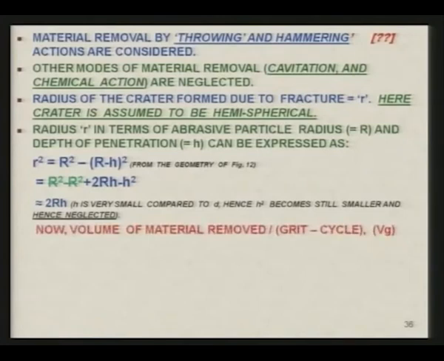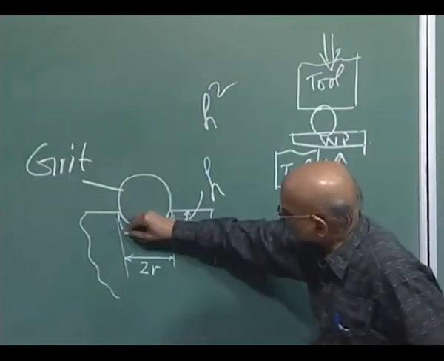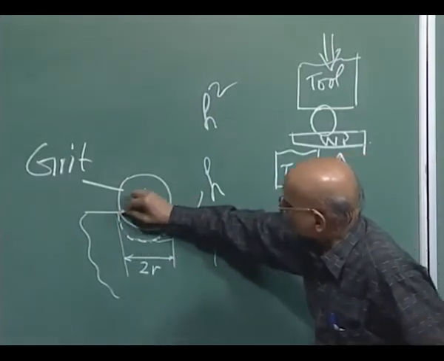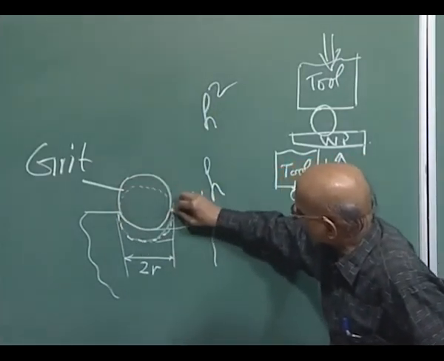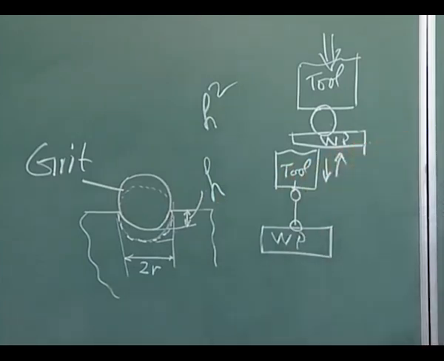Now, let us find out the volume of material removed per grit per cycle, and let it be expressed by Vg. Now, this Vg will be equal to half of the volume of the sphere. Here, as you can see, we have assumed that this is the semi sphere, so actually this is the sphere.